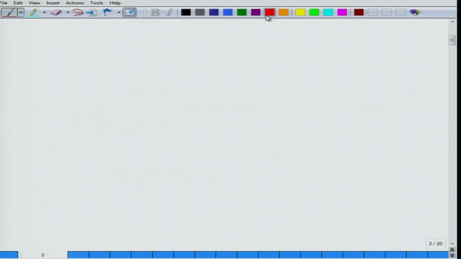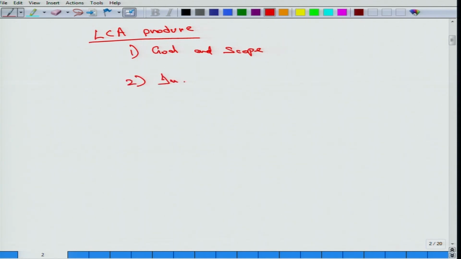Let us quickly recall the procedure for life cycle assessment. Now, the LCA procedure included goal and scope definition. Then we had inventory analysis.